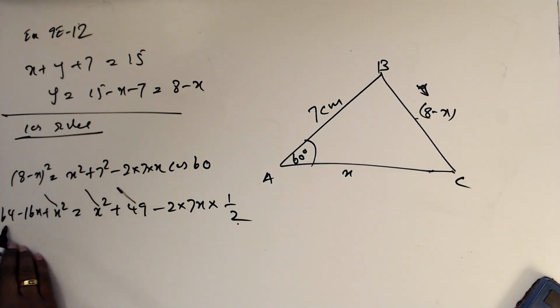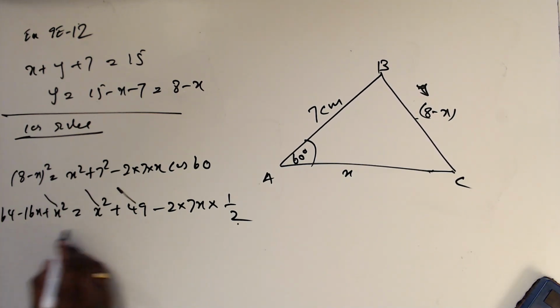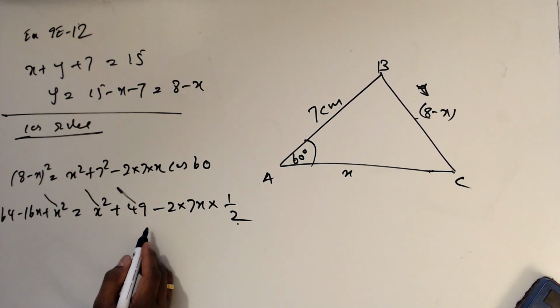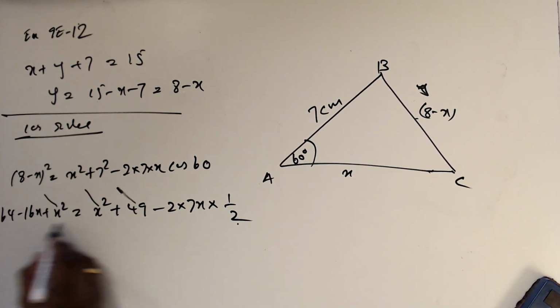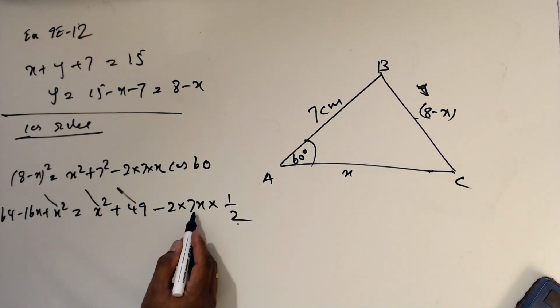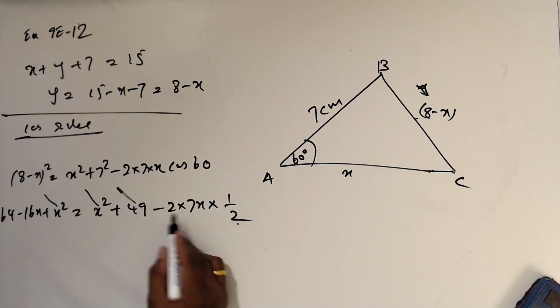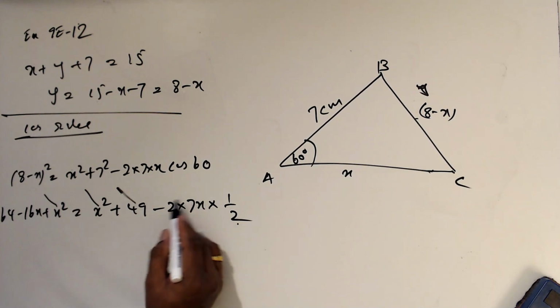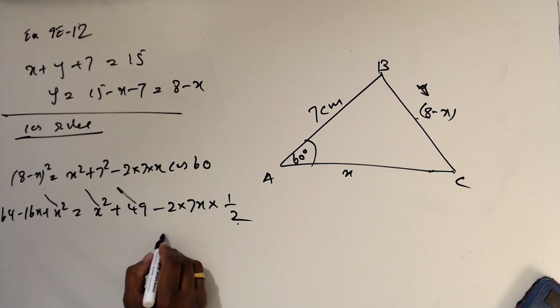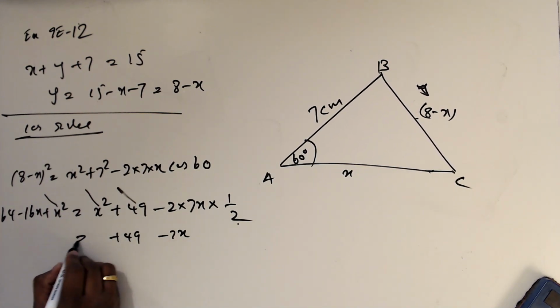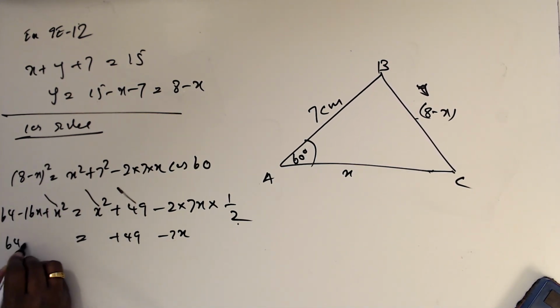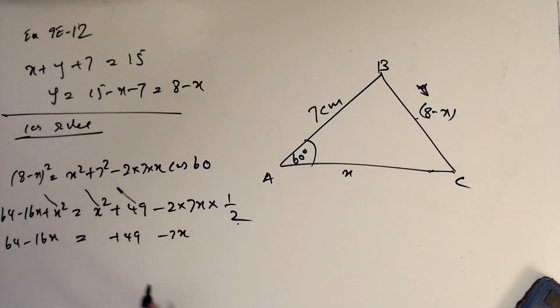So then I'll take everything to one side. Okay, this is going to remain minus 7x. I will write minus 7x plus 49 equals 64 minus 16x.